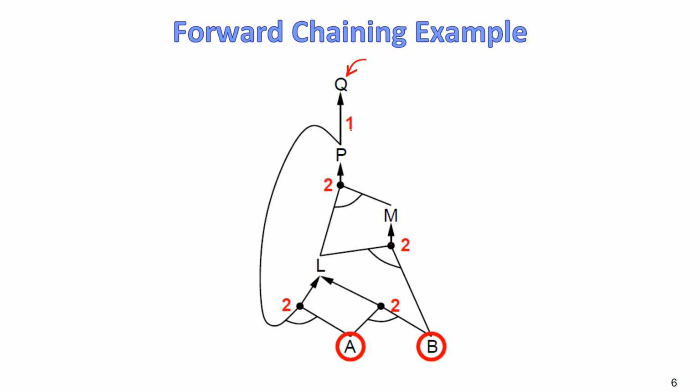These numbers indicate the number of premises in each of the implication statements. For this statement, for example, we have two premises, L and M. That's why we have two here. And we have two here because we have L and B, and two here because we have P and A, and so on.